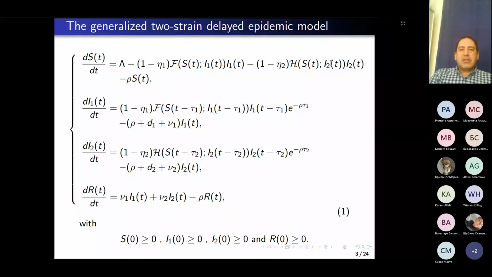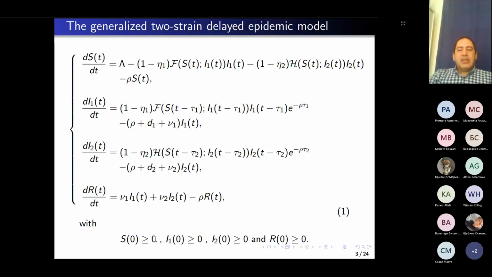Here, if you see, it's minus, and here minus, and this amount is reduced from the susceptibles and added to the number of infected individuals, and similarly the second generalized infection is reduced from the susceptibles and added to the second strain infected individuals.